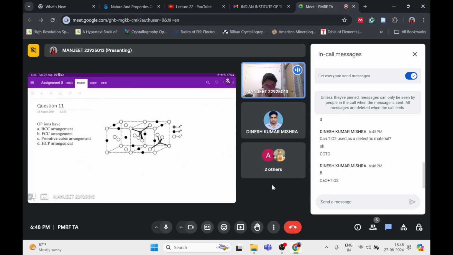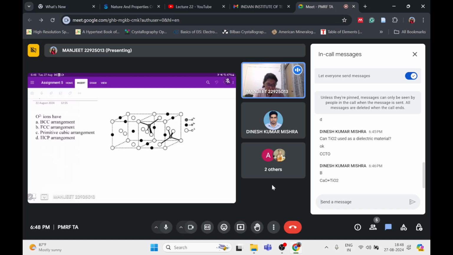This is the figure given here, and maybe you probably know about it. In it, the shaded atoms are the A2 positive ions, the dark black ones are the B3 positive ions, and the unshaded ones are the O2 negative ions.